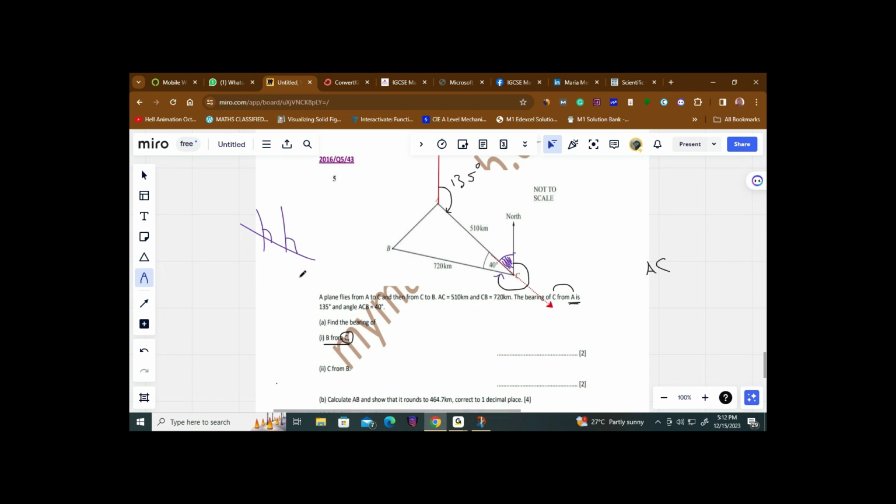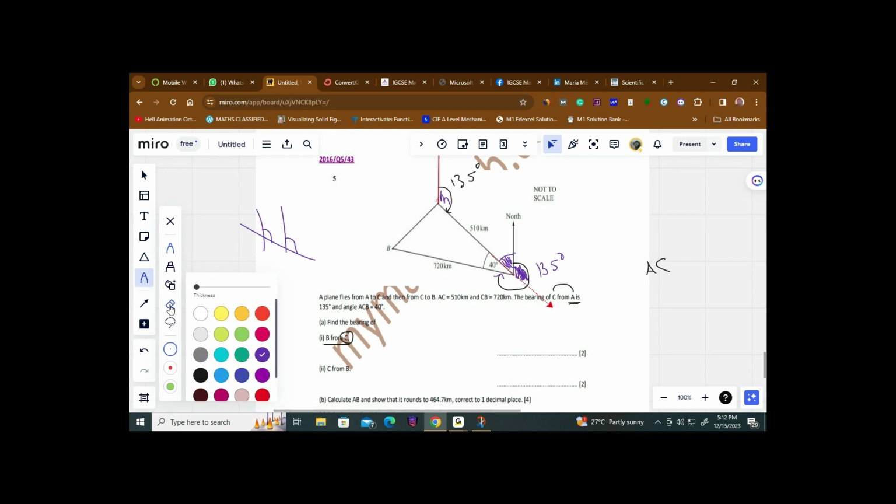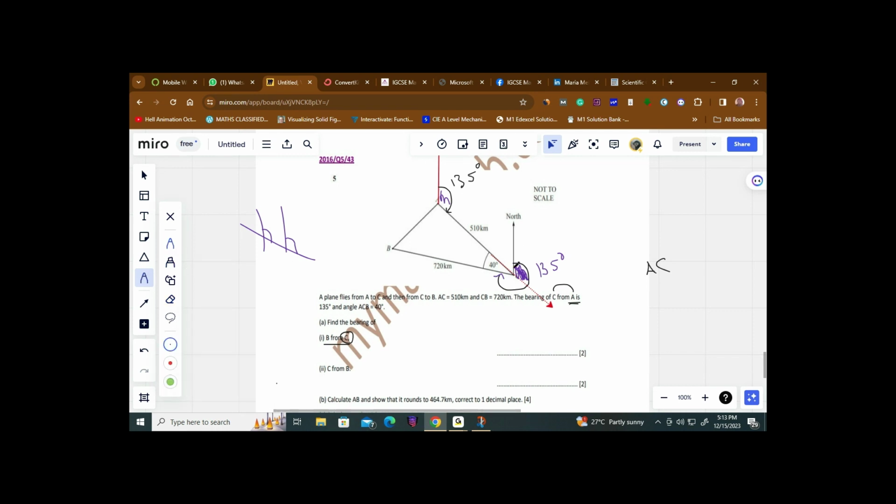So if this is 135, then this angle is also going to be 135. Yeah. So this angle that I need to find out first is actually the supplementary angle. This angle is supplementary to 135 because this full angle from here to here is 180, right? So if I subtract 135 from 180, it's going to give me 45. Okay, so this is 45.